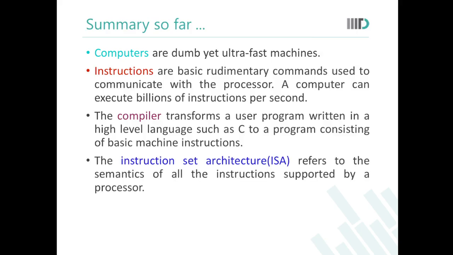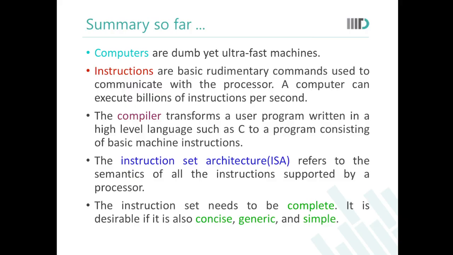The instruction set architecture basically refers to the semantics that help this translation. It codifies what kind of instructions will be supported by the hardware, and tells the compiler designer and programmer that these are the capabilities of the hardware which you are dealing with.